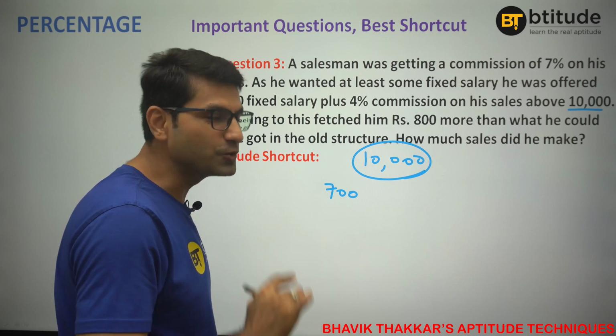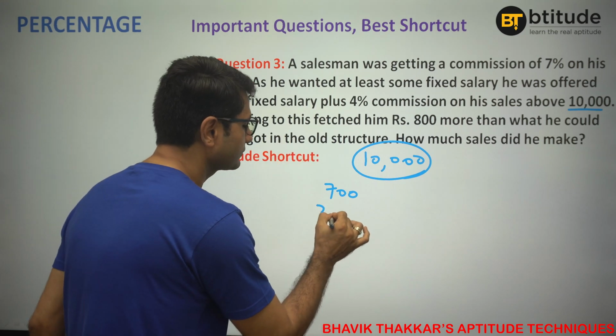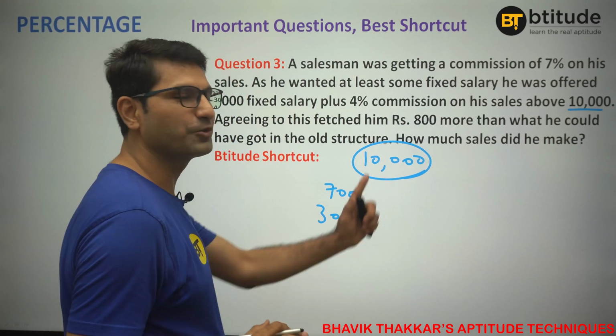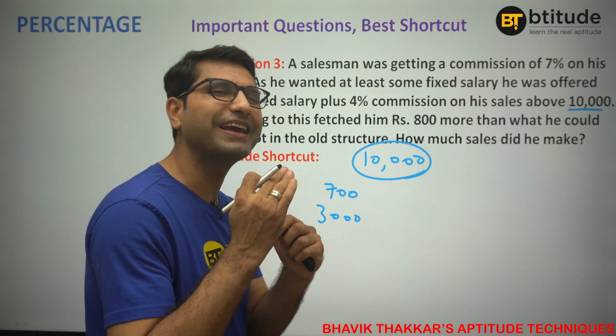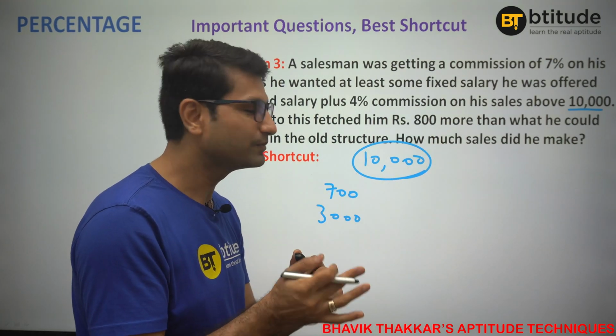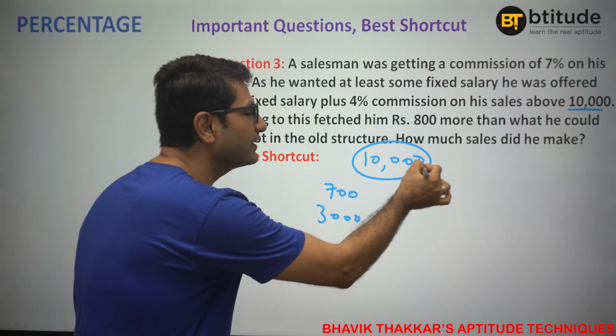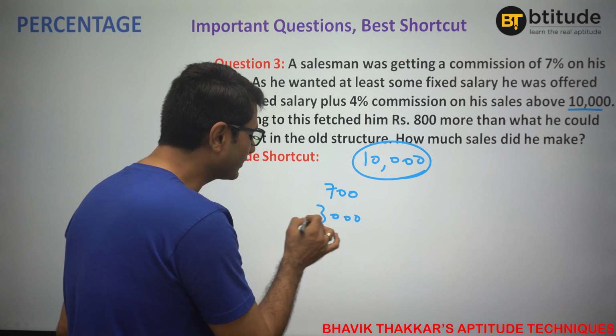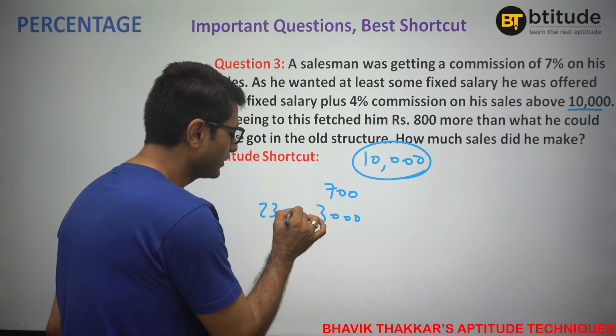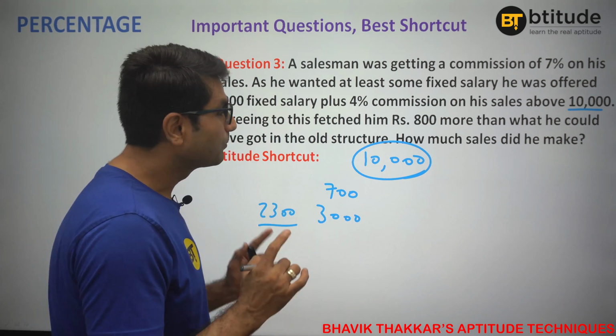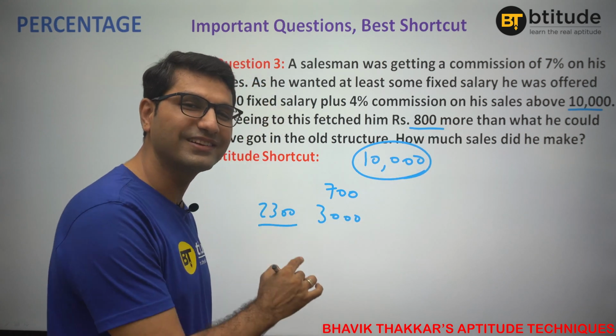In the new structure, he is going to get 3,000 and that's it. He is not going to get any commission because he has not made any sales more than 10,000. So in this new structure, if he is making sales of 10,000, he is getting 2,300 more in the second case. But he is getting only 800 more in this case.